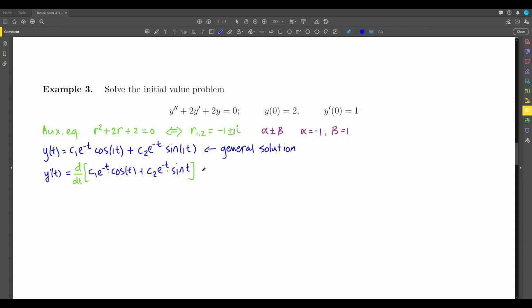So this is equal to, by the product rule, the derivative of c1 e to the power -t times cosine of t plus c1 e to the power negative t, and then times the derivative of cosine of t.